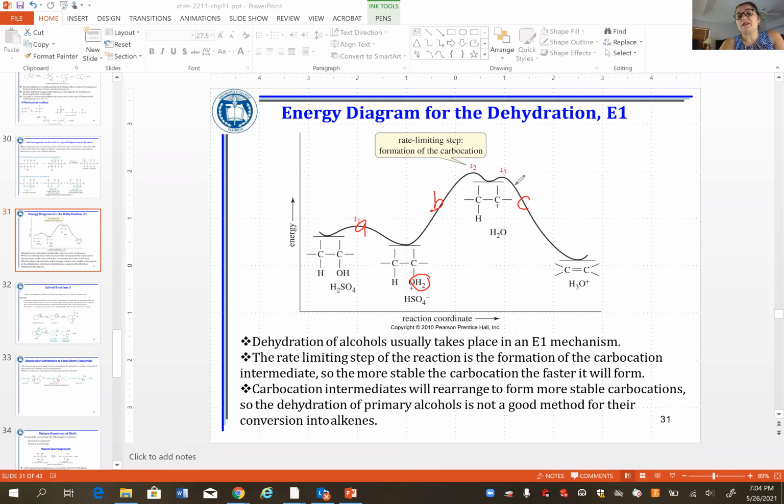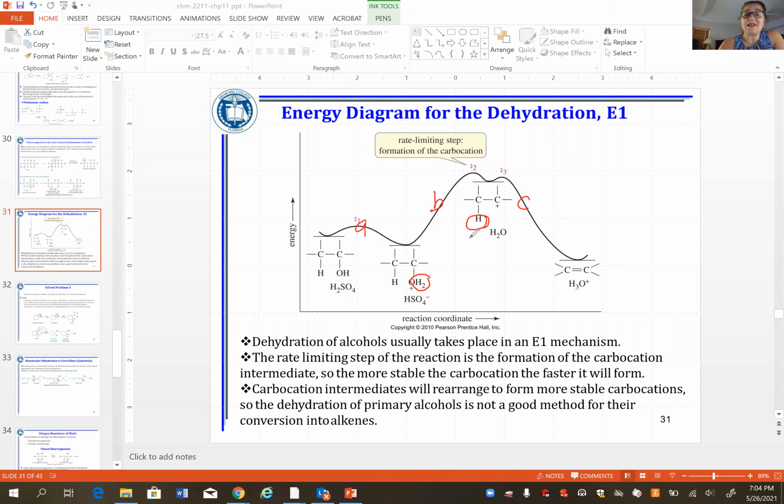Step 3 is going to be deprotonation, and deprotonation happens on the adjacent carbon, a carbon adjacent to the carbocation. So you see the deprotonation and formation of the double bond. So you have 3 steps. If you have 3 steps, you have 3 transition states.